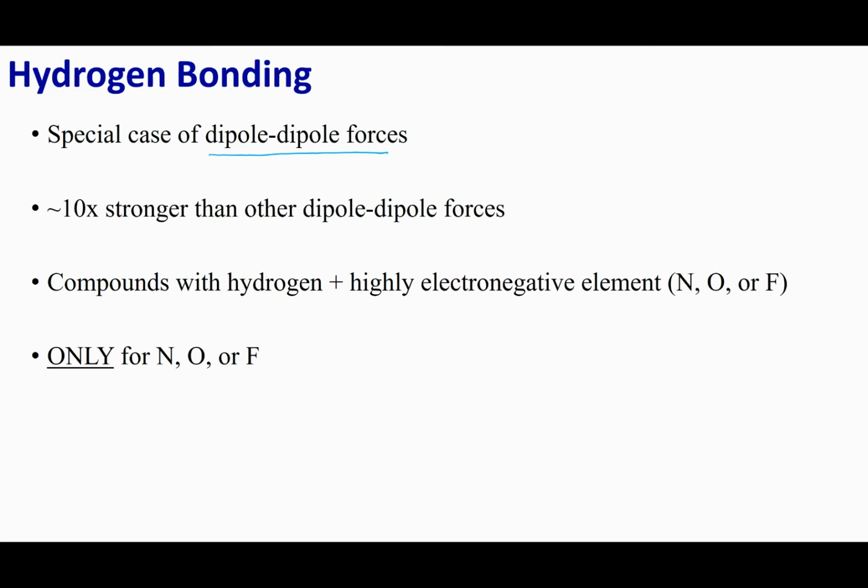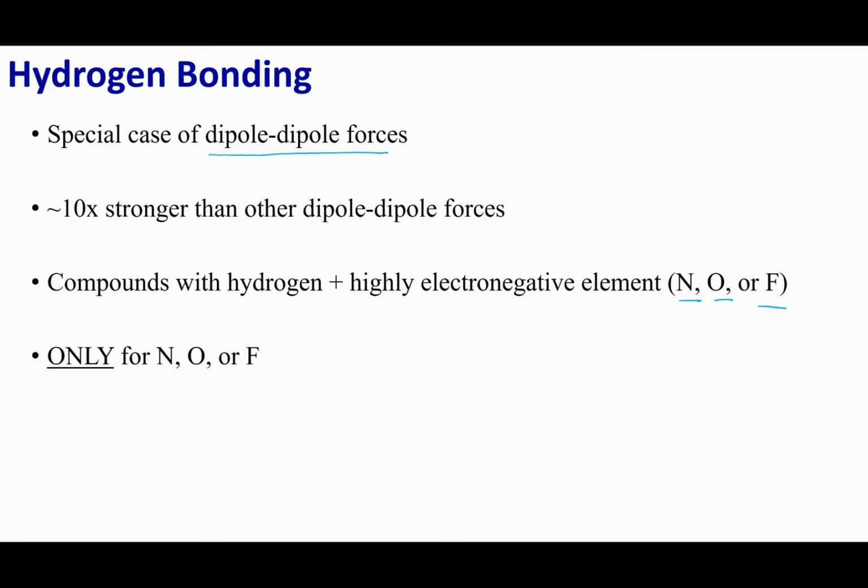And because it's so strong, we consider it a new force. And this is called the hydrogen bond. Now, to have a hydrogen bond, what you need is hydrogen directly attached to an N, O, or F. These are some of the most electronegative atoms on the periodic table.